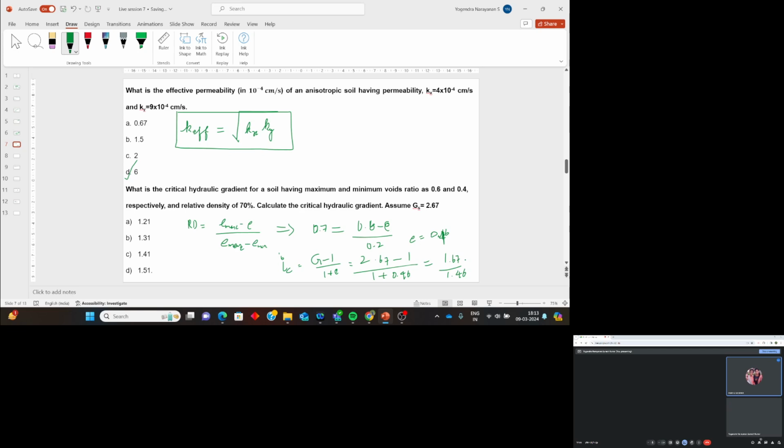Sir, the option is not there, sir. 1.14. Okay. 1.67 divided by 1.46 is 1.14. So this option you can change it a little. Yes, 1.4. So this is the right option, right?